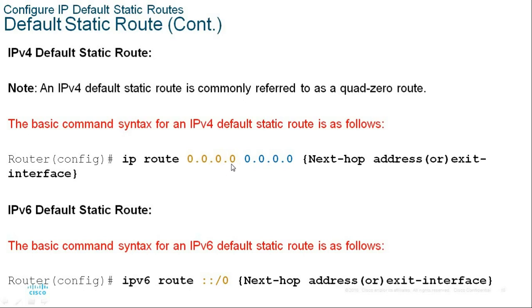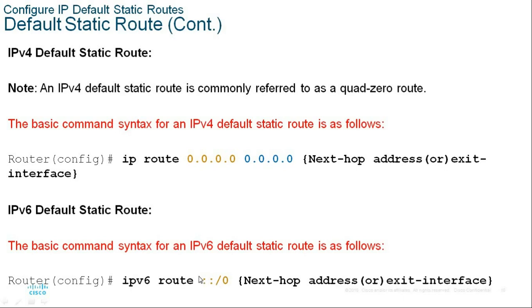Because I don't know the remote network, I write the network as all zeros, and the subnet mask I also don't know, so I put all zeros. But you can use the next hop address or exit interface based upon the question. Now we go for the IPv6 default static route. How to configure it? The IPv6 route, that is the syntax. See here, the prefix, if you want to put 0, you can put it, but no need.